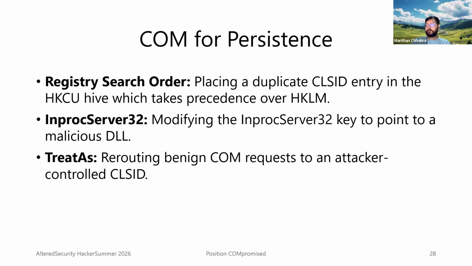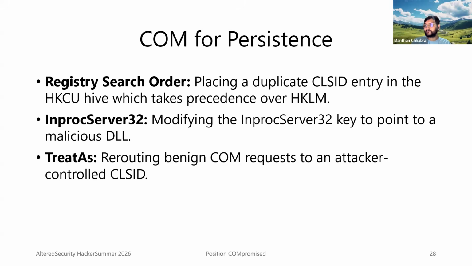Now, what we can do is simply point a legitimate COM CLSID to our attacker-controlled malicious CLSID. That way, we don't have to modify the registry keys of an already existing COM object. So, for example, let's say CMSTPLUA, which is used for UAC bypass. It might be heavily monitored.